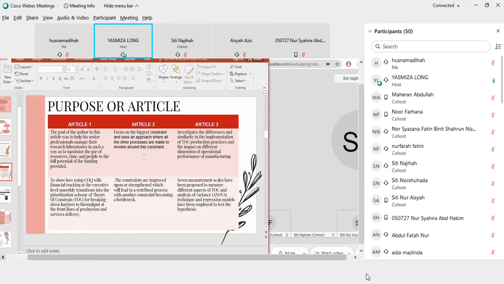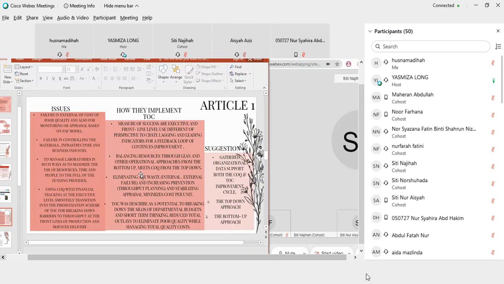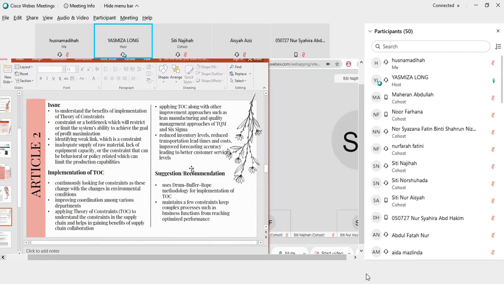Isn't it? Article 1 talks about controlling the raw material, right? Article 2 and article 3 are more or less the same. And then the article is about supply chain management of raw material, and they use the TOC, isn't it?